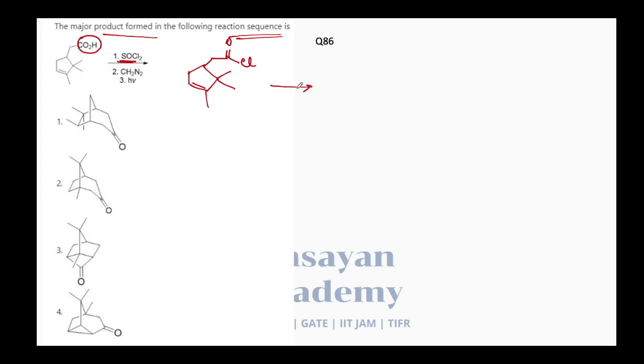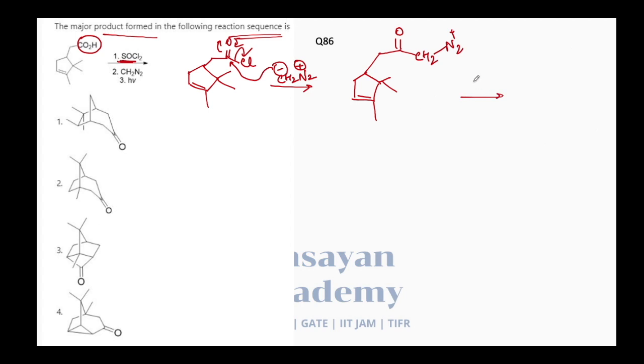Alright, now the diazomethane, like this, CH2 minus N2 positive. This is the species. It is going to replace the chloride from here, and you are having the carbonyl CH2N2 positive like this.